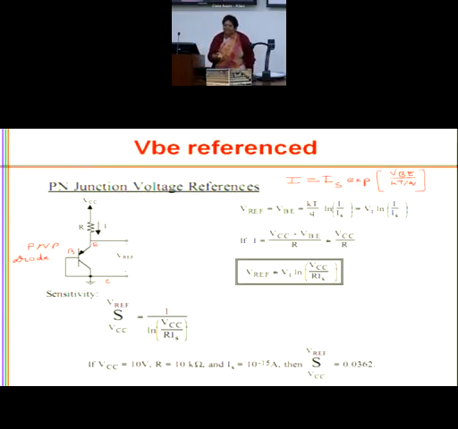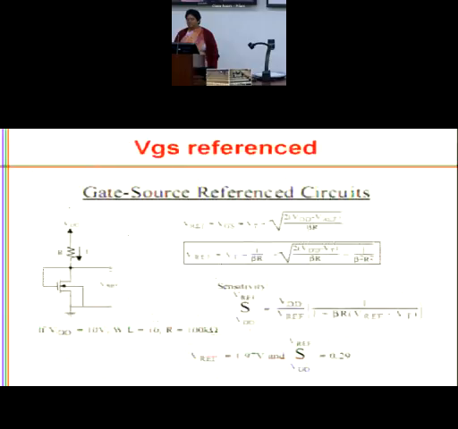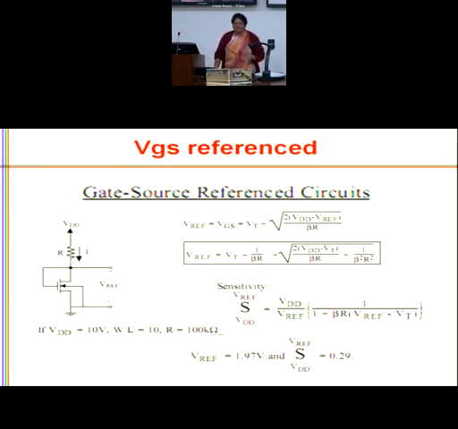Log of 100 is only 2. Log of 1000 is only 3. So values are changing from 100 to 1000, but log values are only changing from 2 to 3. Very slowly changing function. Similarly, look here. In my MOSFET, Vref depends on the square root of VDD. Square root is also a slowly changing function.